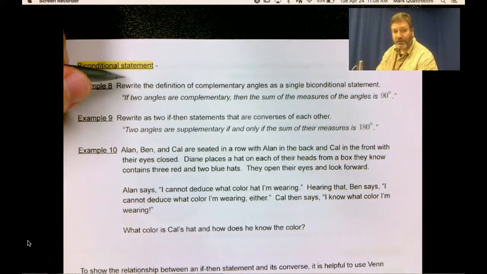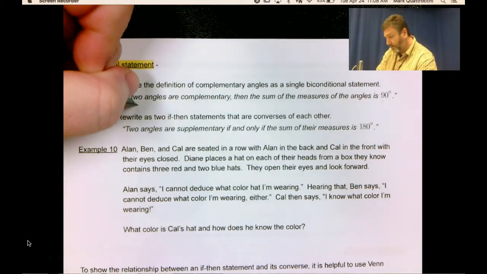So instead of writing two statements, we can write one statement that includes the phrase if and only if in the middle.